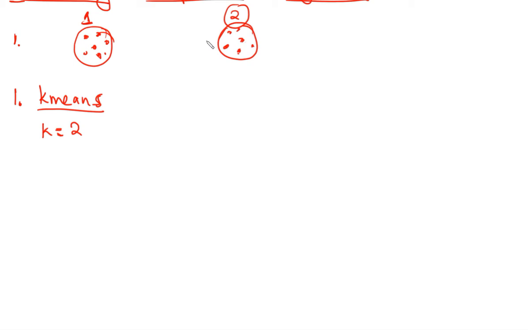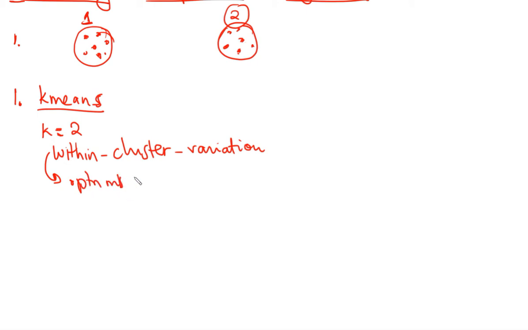When it has randomly allocated, it calculates something called within cluster variation. And what k-means does is it tries to optimize the grouping by minimizing within cluster variation. So when we have randomly assigned, it calculates the within cluster variation, and then it tries to minimize that within cluster variation, also called the inertia.